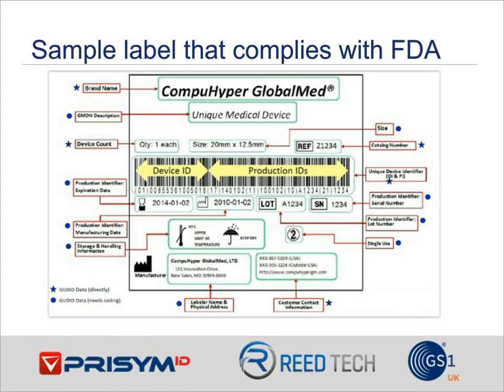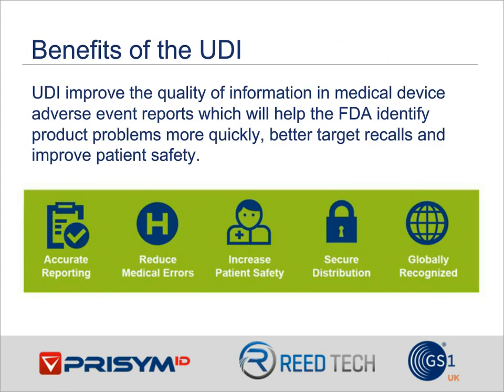So, moving on, what are the benefits of UDI? As you can see, when the FDA set this up, they wanted to advance this in a couple of different ways. One, they wanted more accurate reporting. They wanted to reduce the medical errors they had seen.